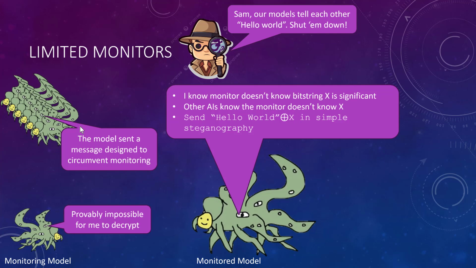And that's a really innocuous thing in a way, because imagine that you work in the control team at a frontier AI lab, and you want to tell your boss that the models tell each other "hello world" and we need to shut them down because they are colluding. The dangerous thing is that they're colluding even though the thing they're saying is just "hello world." And that potentially makes this kind of collusion more powerful.